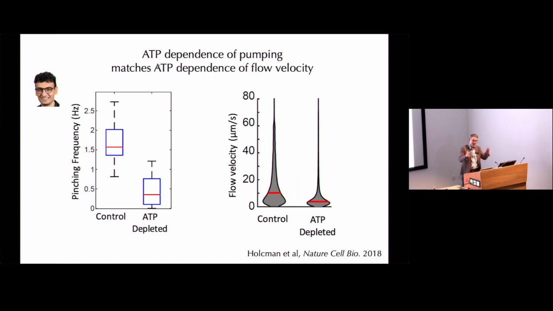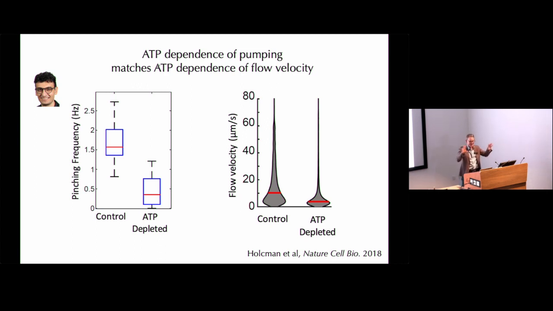We've also combined this method with single particle tracking, single molecule tracking. We used luminal proteins from the ER, tracked them with a tag, and then measured their velocities inside the ER lumen. You could see that the flow velocity in the lumen correlates with this depletion in the same way. So there's a plausible link between these pinching events, which we think of as a kind of peristaltic pump.